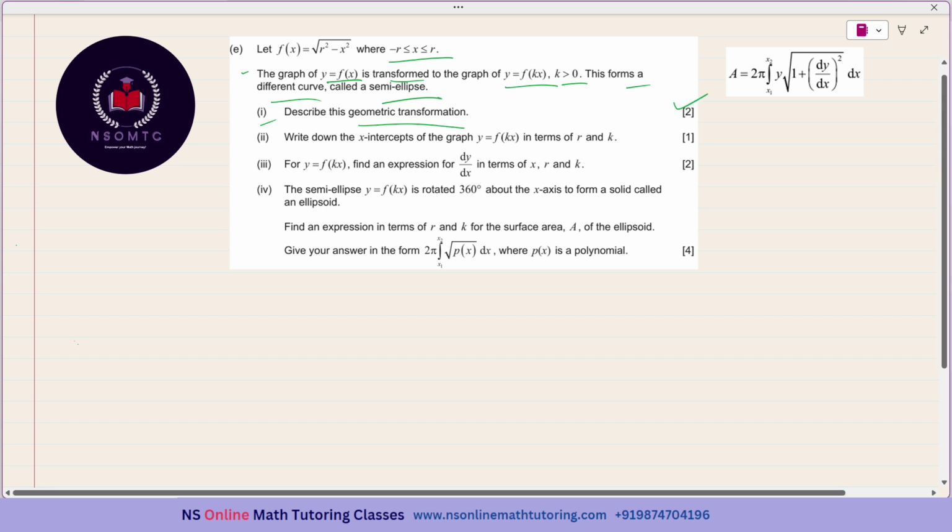So, f of x to f of kx. It is a horizontal stretch.